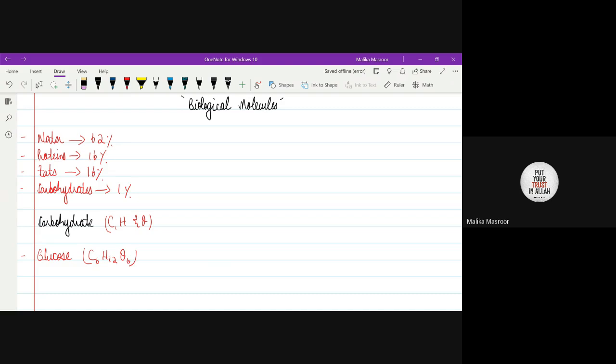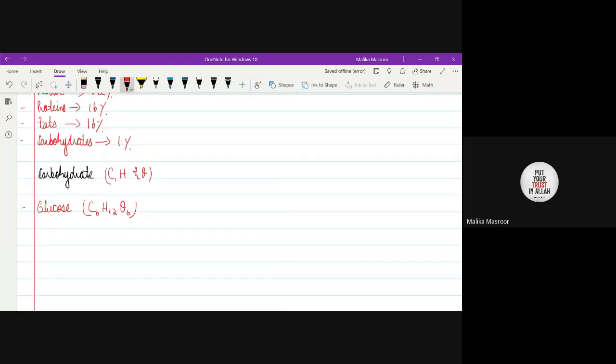Now glucose molecules can also link together in chains to form larger molecules. In animals, the large molecule that is formed is called glycogen. In plants they link up to make starch.